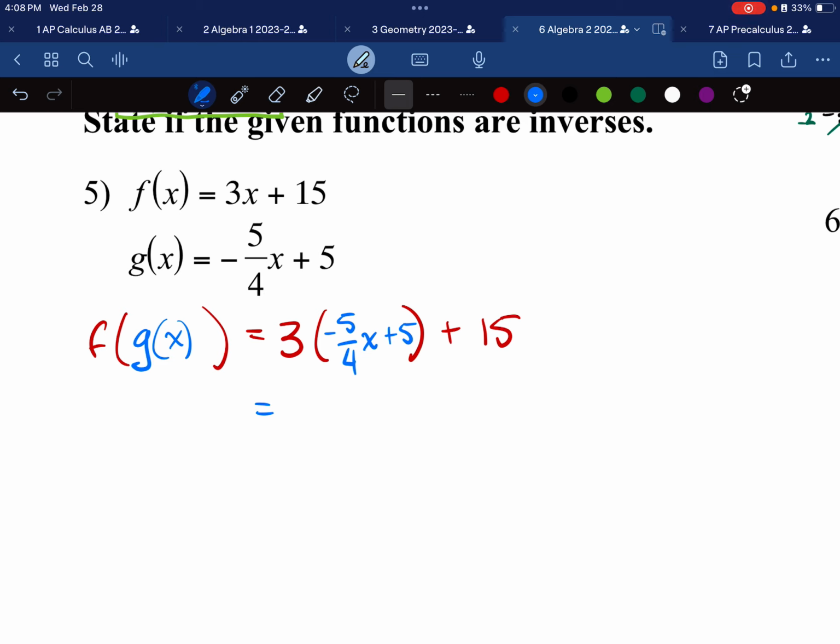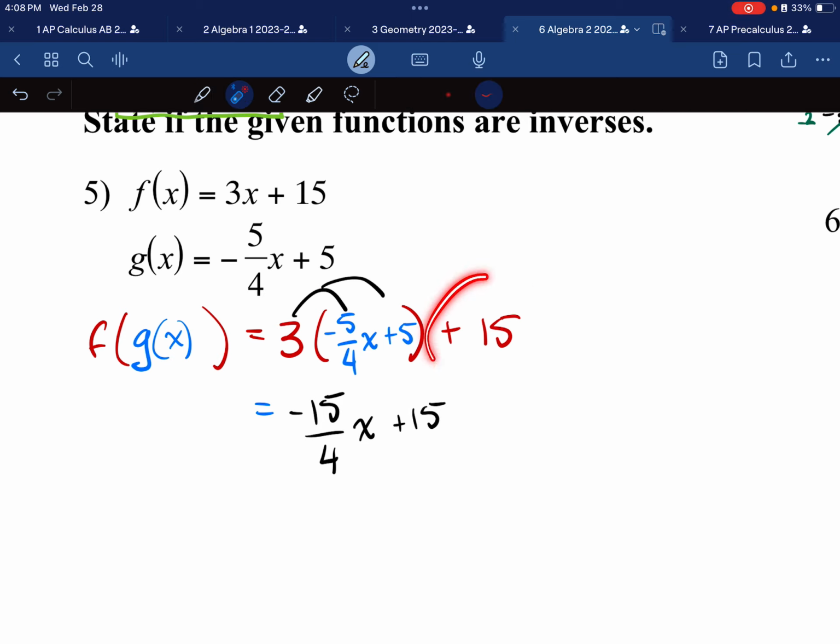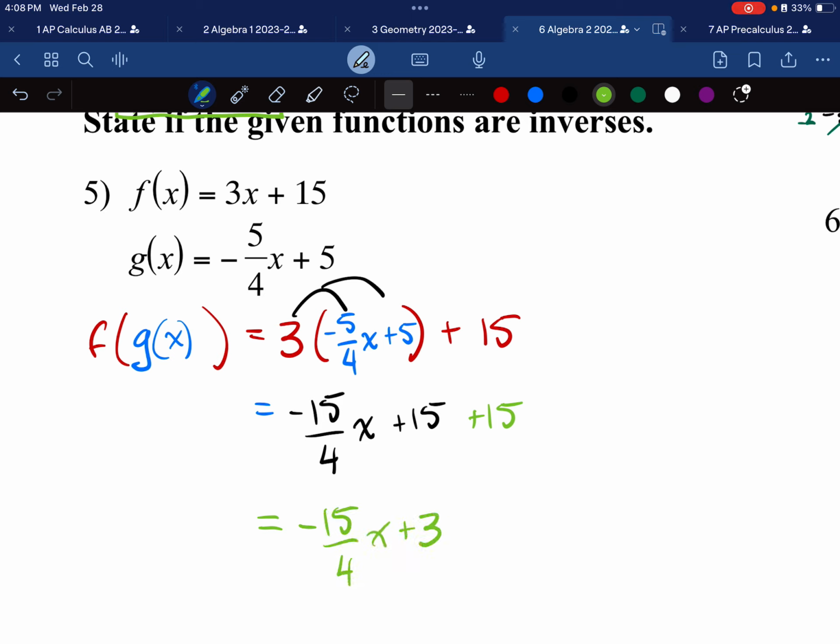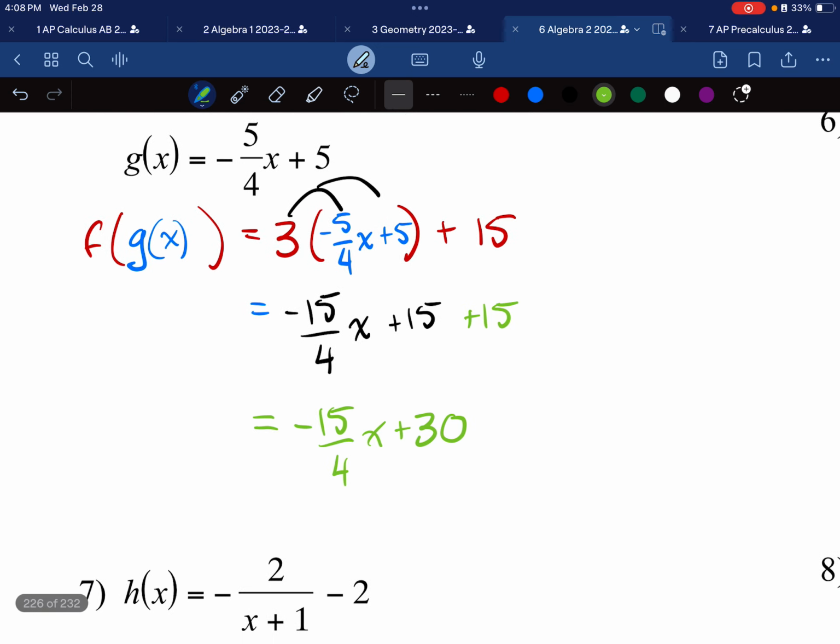I don't see that happening though, because watch. 3 times this is going to be negative 15 over 4 x, and then I have to distribute the times here, plus 15, and then I have to copy down this plus 15 down here, which is going to be another plus 15, and this simplifies to negative 15 fourths x plus 30, which is nowhere in the ballpark of x. If it was equal to x, it would be an inverse. So the answer here is no, it's not an inverse.